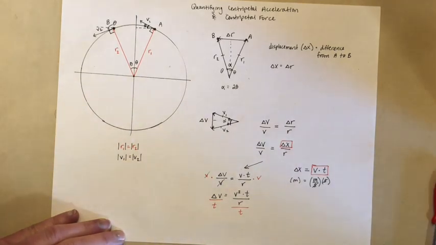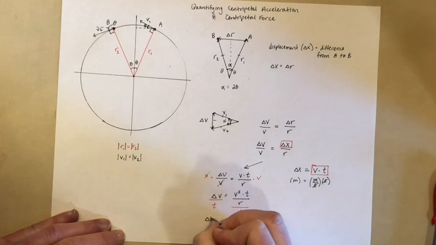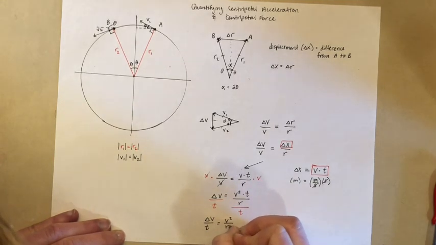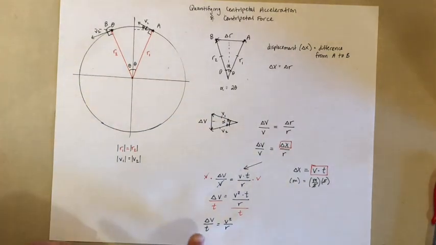And my final expression, since the T's are going to cancel out, becomes delta V over time is equal to V squared over R. Now, what is the change in the velocity over time? What variable do we find as how the velocity is changing every second? That sounds a lot like acceleration.